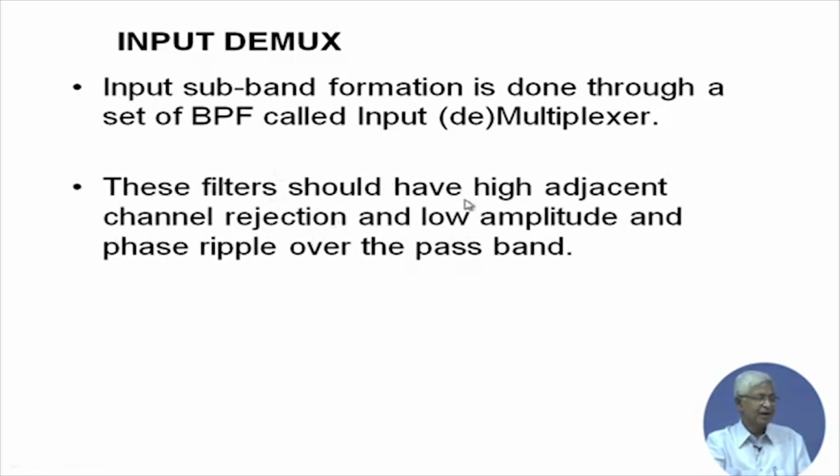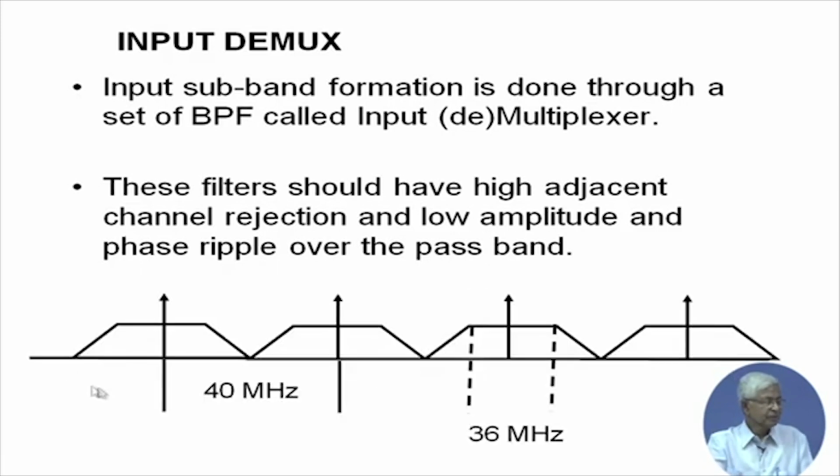These filters should have high adjacent channel rejection because they are contiguous, and low amplitude and phase ripple. Filter phase and amplitude ripple should be low over the pass band. Here I have shown the whole available frequency band, with each segment divided by 40 megahertz, and since the filter characteristics gradually increase, then stay steady, and then decrease, the steady part is taken roughly as 36 megahertz, the constant amplitude.